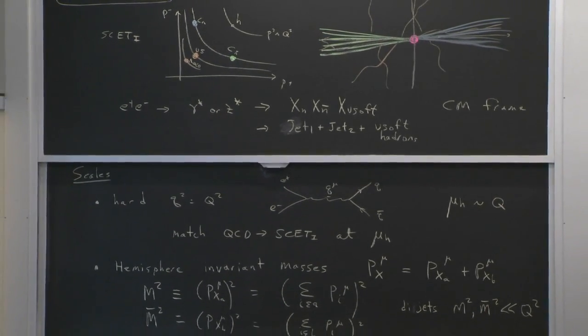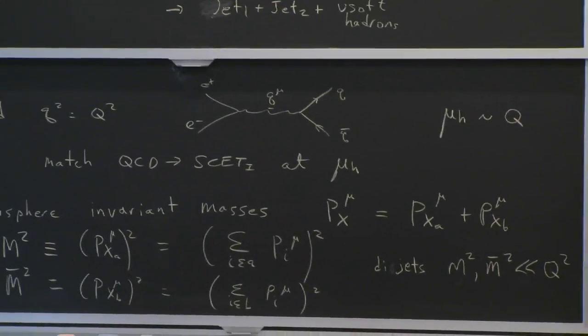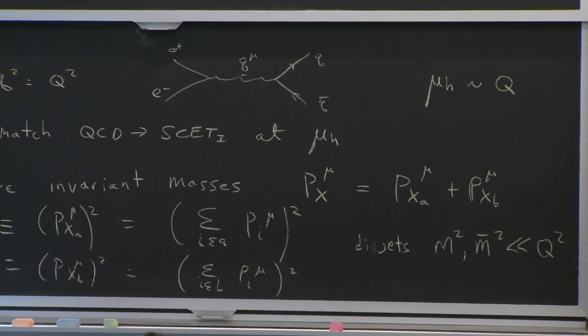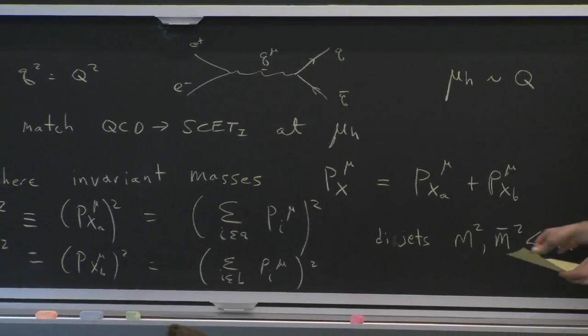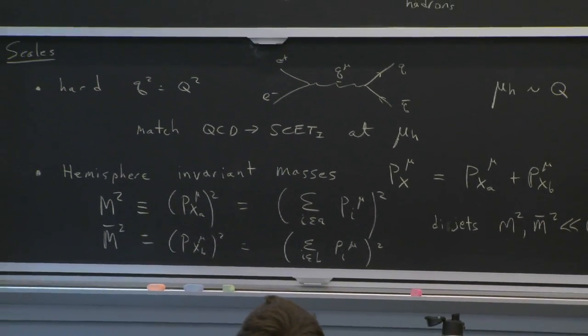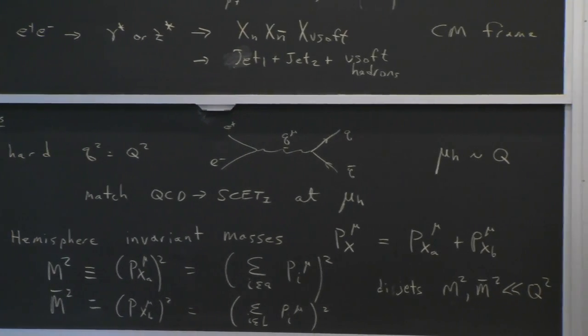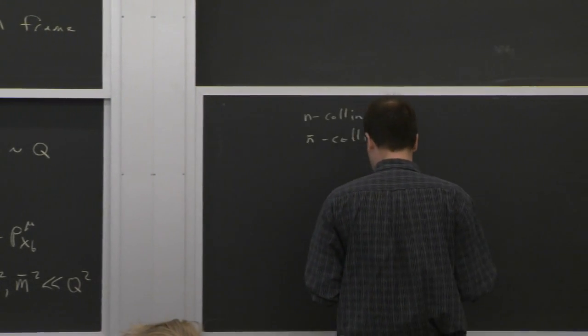But if you just have a single jet, then you can have a small m squared. So the small m squared limit is what forces you to have dijets. And that also puts us in the kinematic situation where we have our n collinear modes for one jet and n bar collinear modes for the other jet. So those are two of the degrees of freedom in our picture.